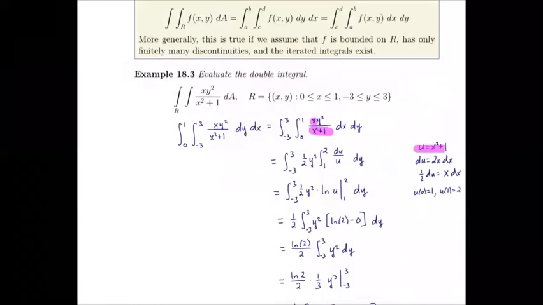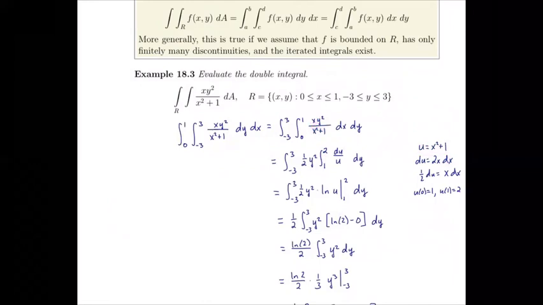So u will be x squared plus 1, du is 2x dx. Solving for x dx, because that actually shows up in our integrand, we have 1/2 du. Change our limits of integration, don't forget to do that, and the result of it is the line below.